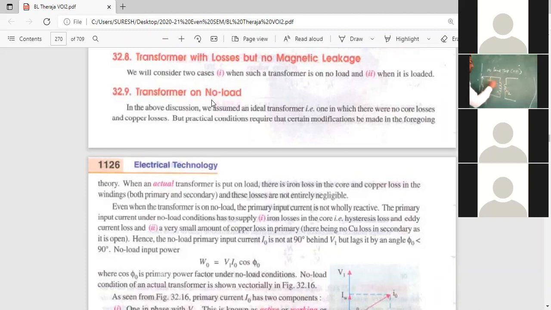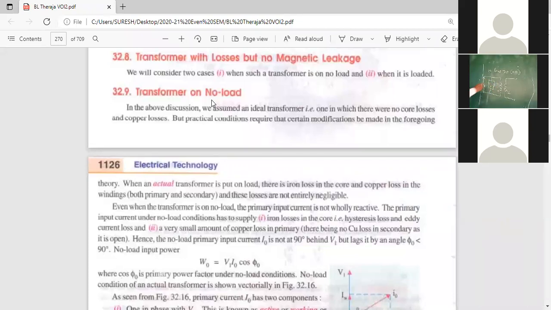For the core I am drawing the equivalent circuit. For the core, this is the resistance RE, this is the reactance XM, because I want to determine the core loss. For representing the core, I am drawing RE and XM.